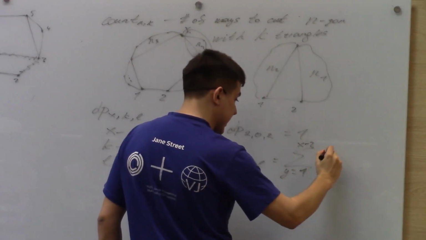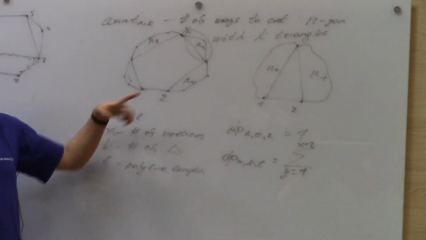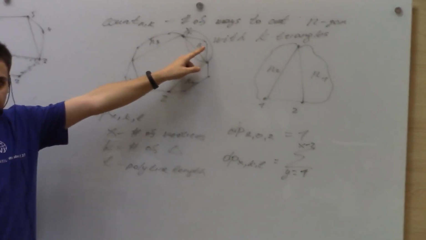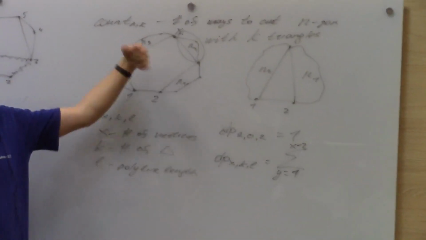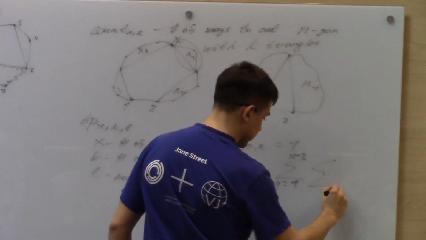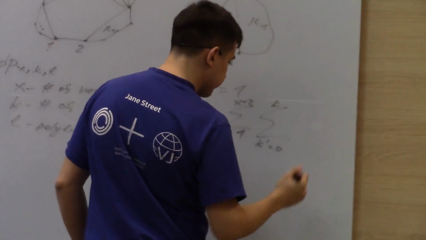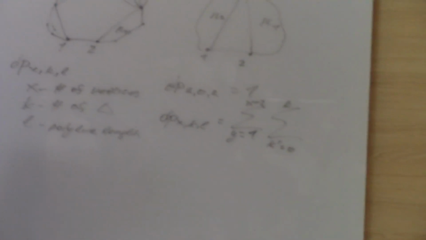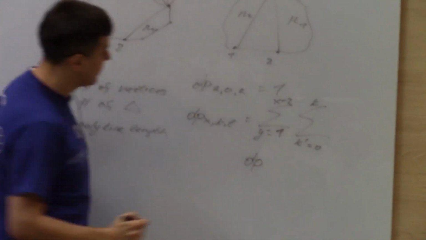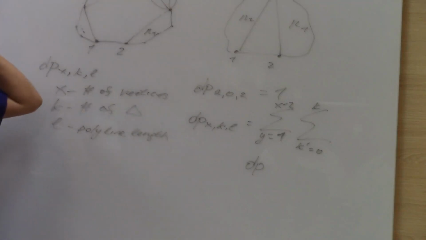So we take dp. Oh no, there is one more sum, right? So first we iterate over how many vertices are here. Then we iterate over how many triangles are in this part. So it's k prime from 0 to k. And then we're ready to sum some numbers. So it's dp of... Okay, so we add at least one more.